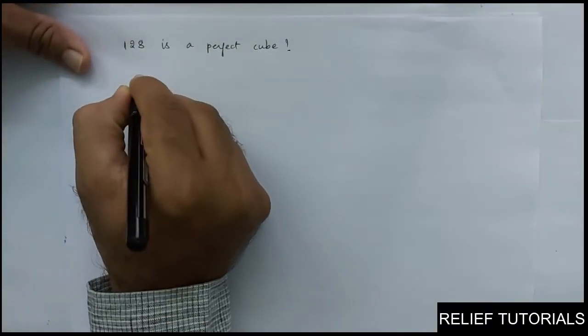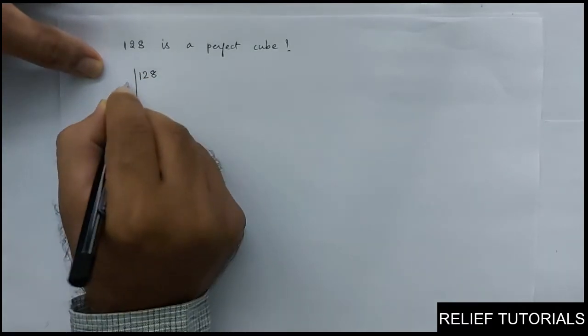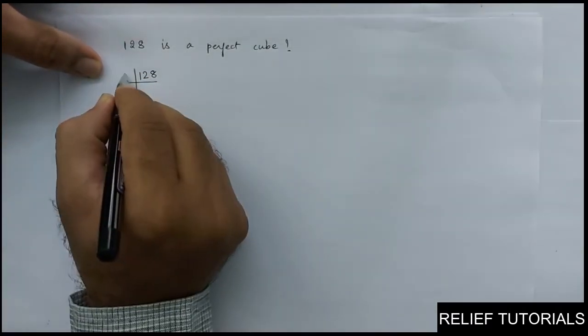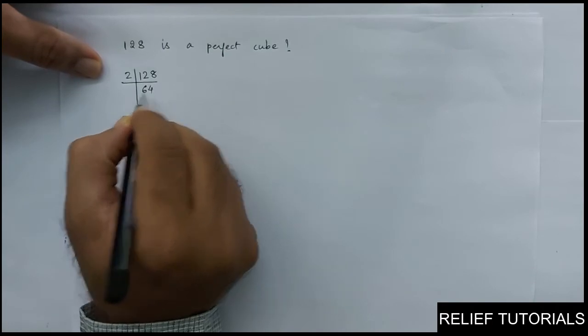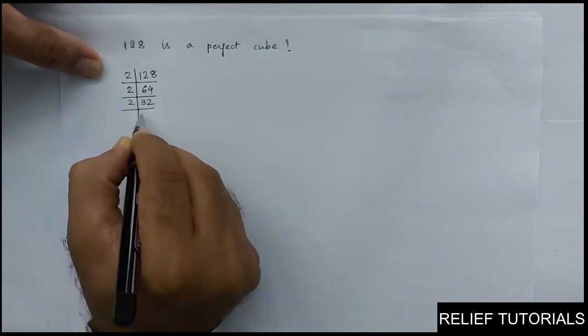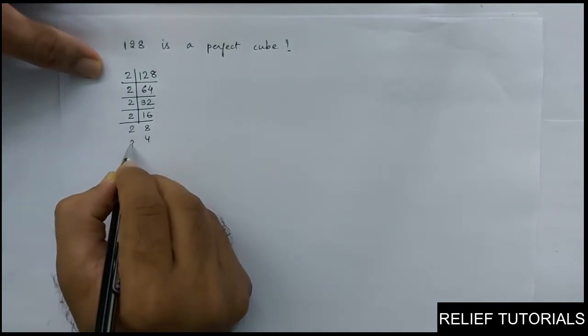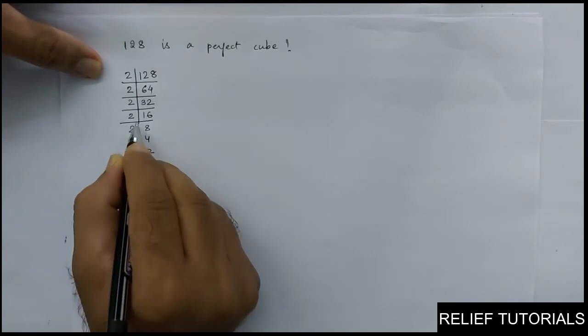So how can we check whether this number is a perfect cube or not? That is only by the prime factorization method. 2 64s are 128, 2 32s are 64, 2 16s are 32, 2 8s are 16, 2 4s are 8, 2 2s are 4 and 2 1s are 2.